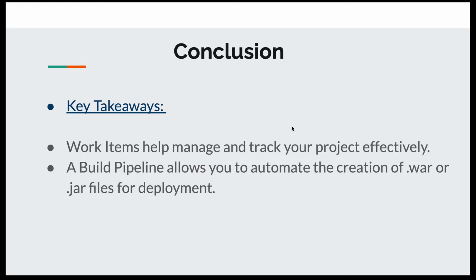Next, we explored how to set up a build pipeline to automatically create a .war or .jar file for our Java Maven project. These skills are essential for any DevOps professional as they streamline project management and automate essential tasks.